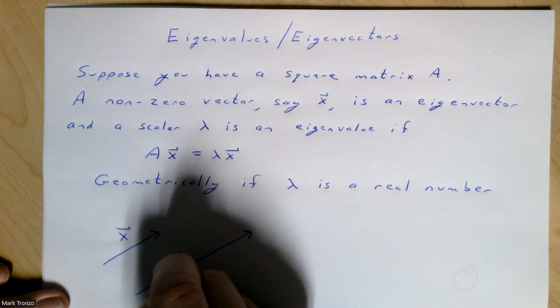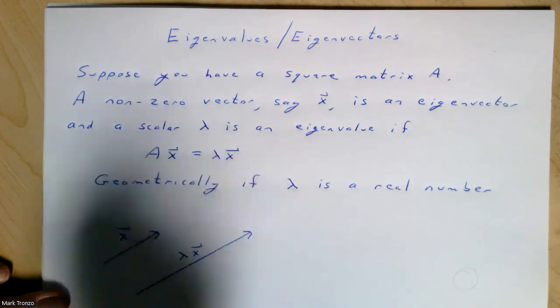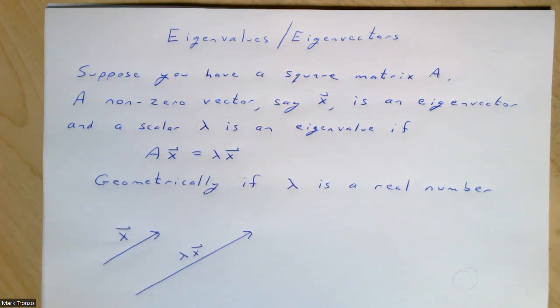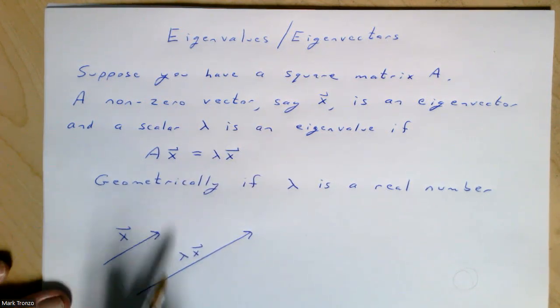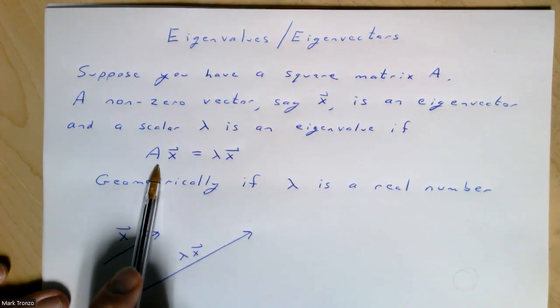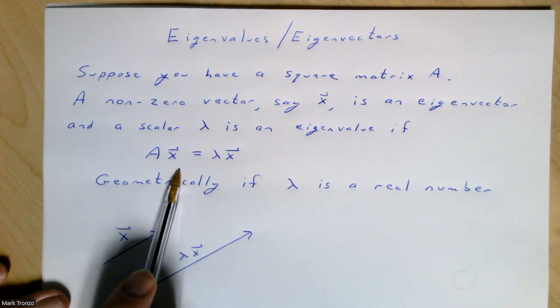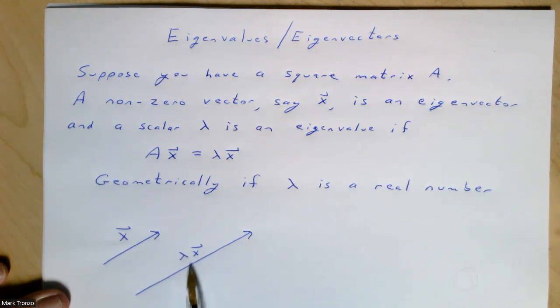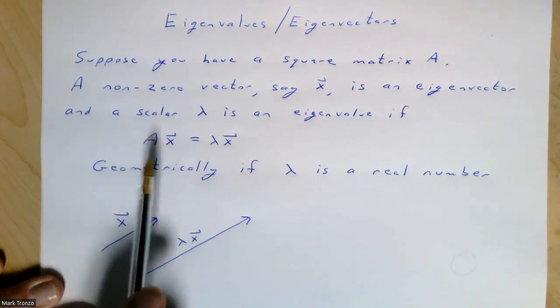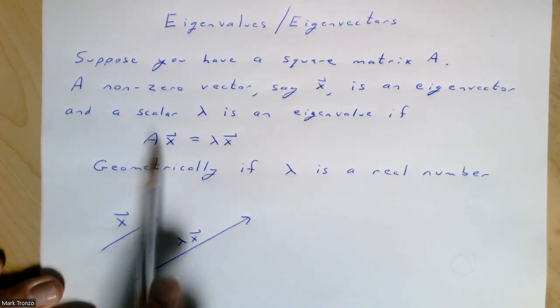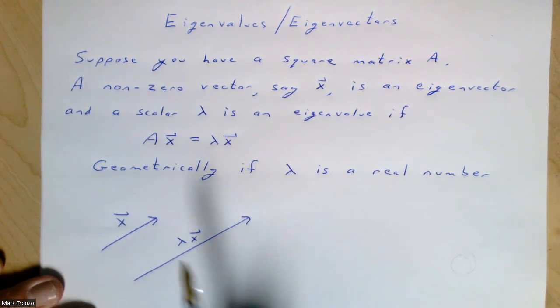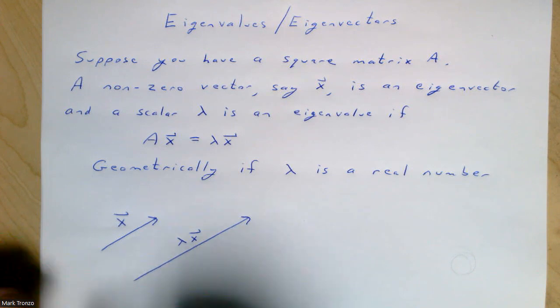So you'd have lambda x here. Because the matrix times x is the same, when you multiply the matrix times x, you're stretching the vector. Or if lambda happened to be less than 1, you would shrink the vector.